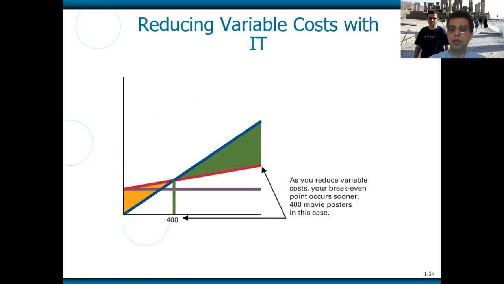So there is no cost on it. Your variable cost is almost zero, probably a CD or a USB. On the other hand, if you are in food processing, food industries, you're still going to need raw material to make bread. So there is a variable cost in the food industries, but very minimal variable and fixed costs in IT.